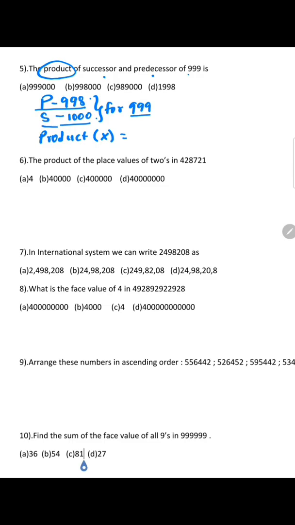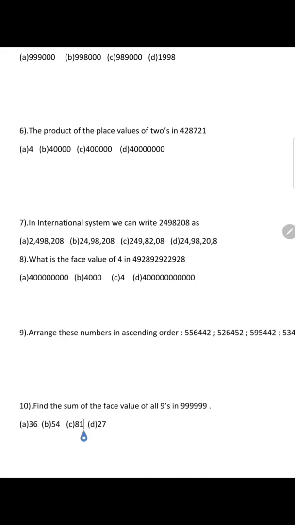The predecessor is 998 into the successor 1000, which will give us 9,98,000. So the correct option is B.